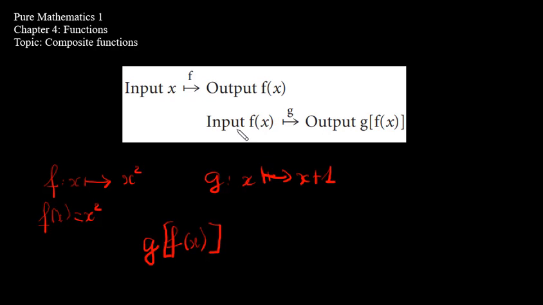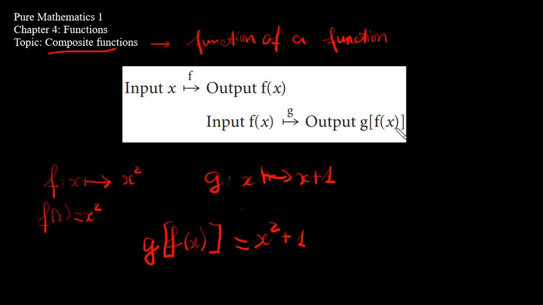When the input is x squared, the output will be x squared plus 1. So this composite function can also be called the function of a function.